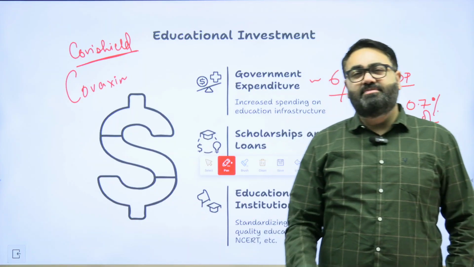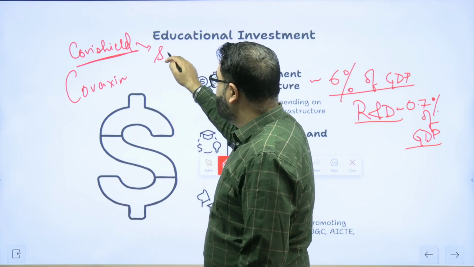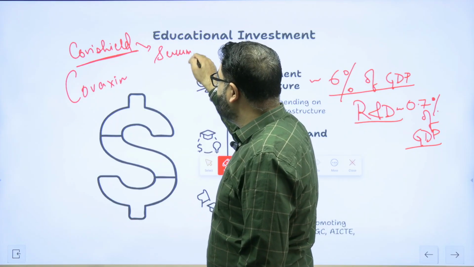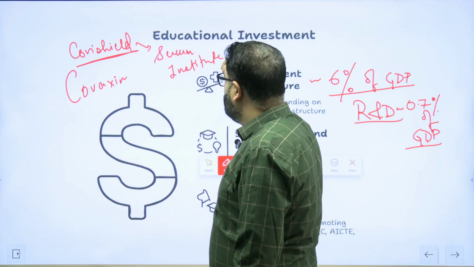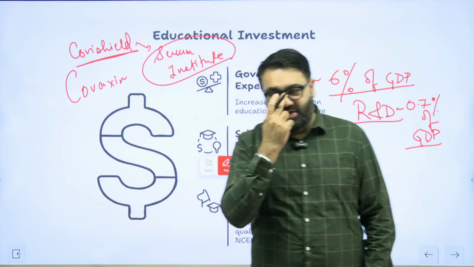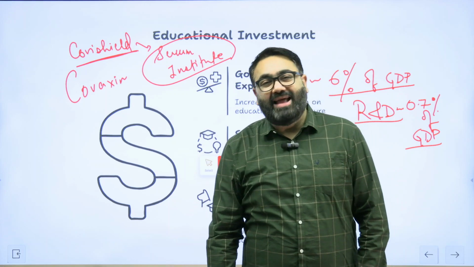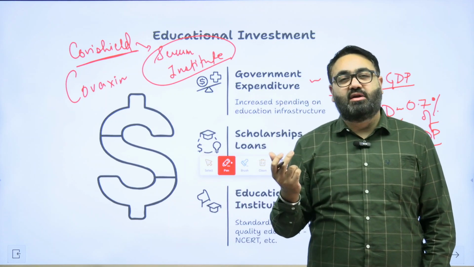Covishield was being manufactured by an Indian company called the Serum Institute. I am sure you will all remember this. The Serum Institute of India is the company that was manufacturing Covishield. But that does not mean that they invented it. Who invented Covishield?